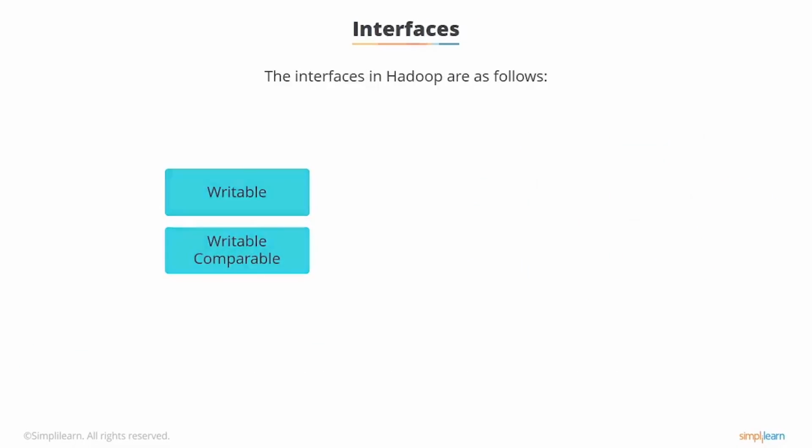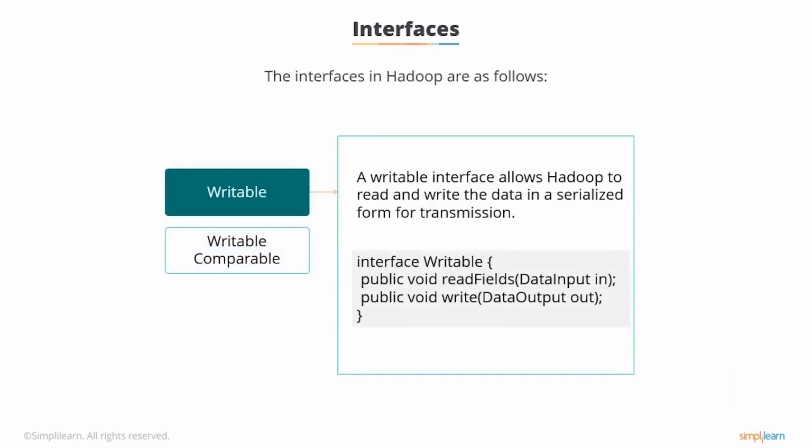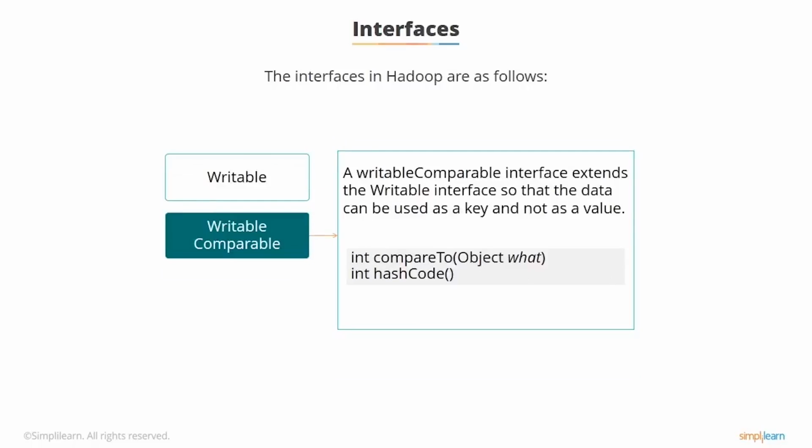As you've already seen, a writable interface allows Hadoop to read and write data in a serialized form for transmission. A writable interface consists of two methods, readFields and write, shown here. A writable comparable interface extends the writable interface so the data can be used as a key and not as a value. As shown here, the writable comparable implements two methods, compareTo and hashCode.